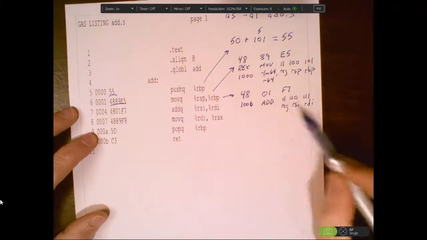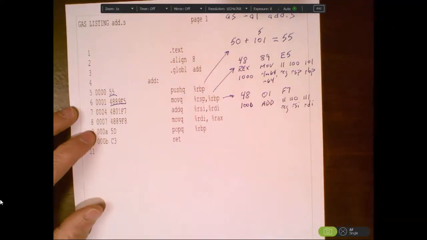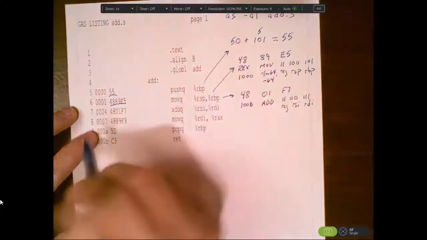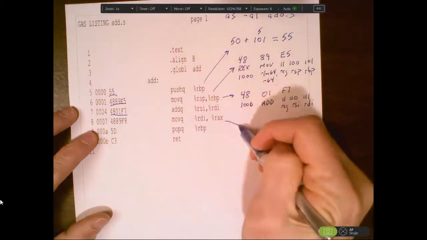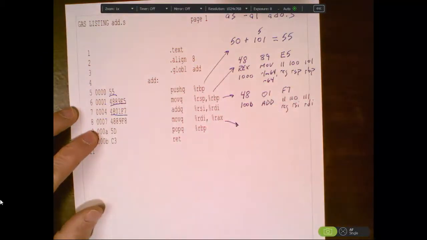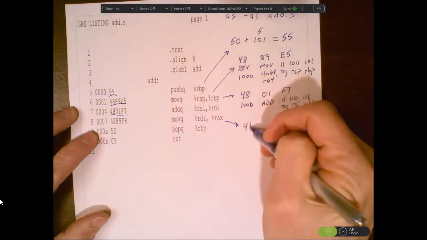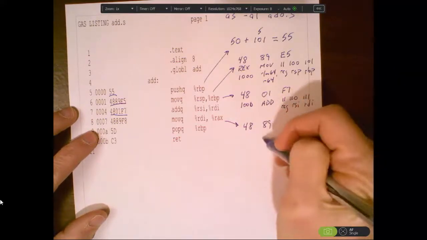So again, we're working on registers from the traditional register set, because these bits are clear. Okay, then we have, again, 48 01 F7. Okay, we have another instruction here, another move quad word instruction, again starting with the 48 prefix. The move, again, as we saw above, is 89.